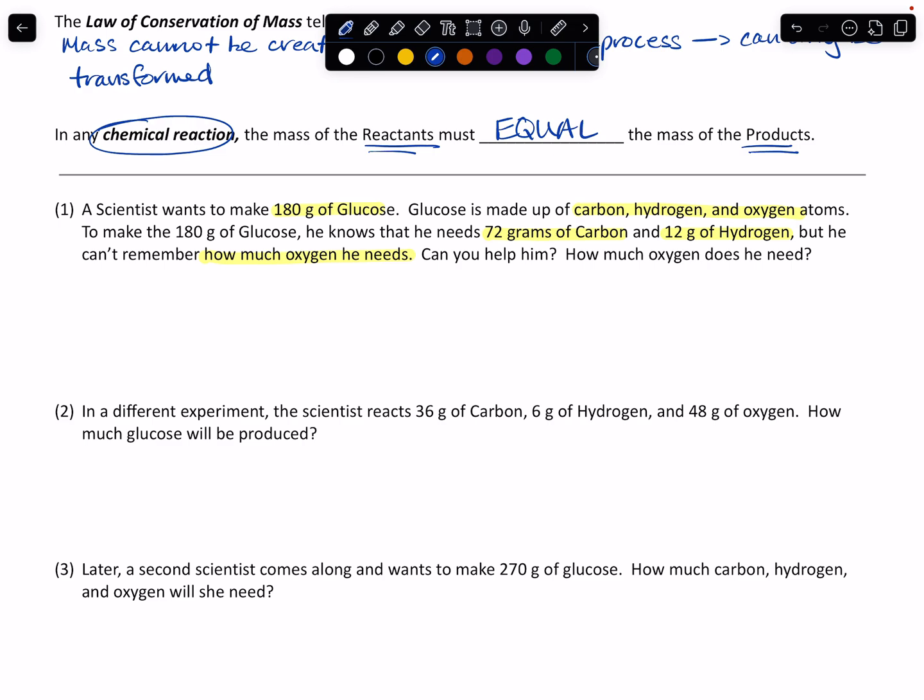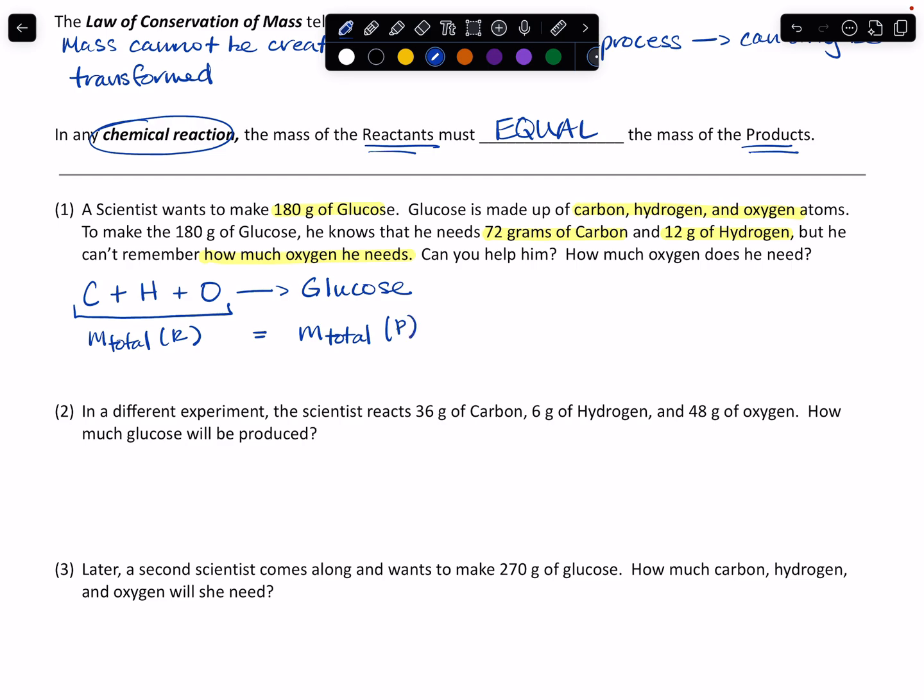All right. So, what's really happening here in simple terms is that carbon is reacting with hydrogen and oxygen to form glucose. All right. So, what the law of conservation of mass tells us is that the total mass here on the reactant side of the reaction must equal the total mass here on the products side of the reaction.